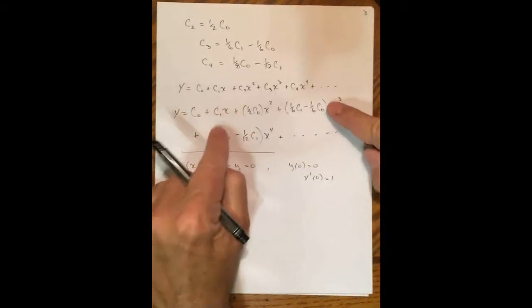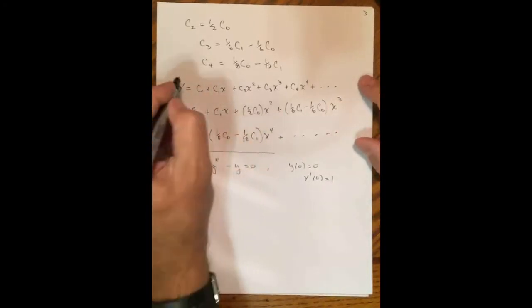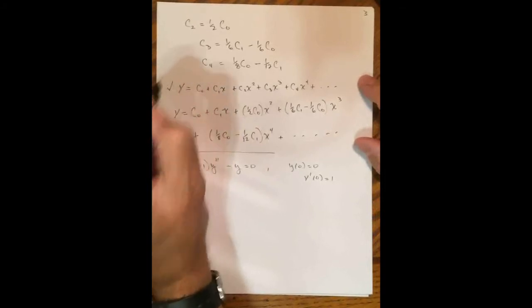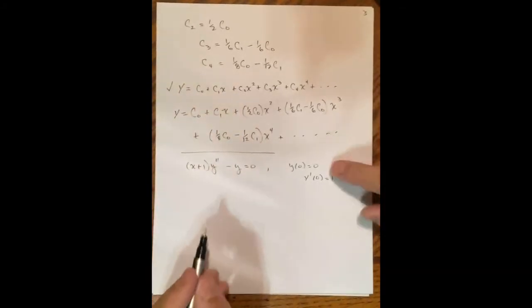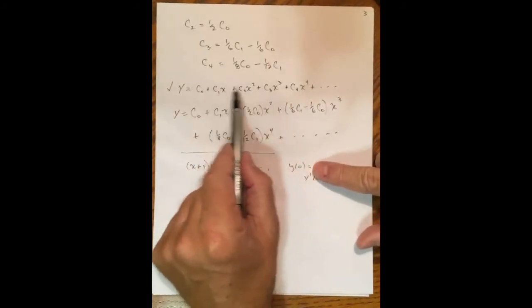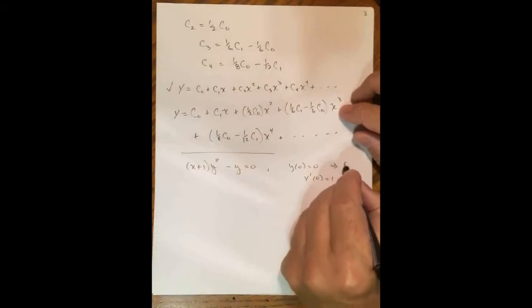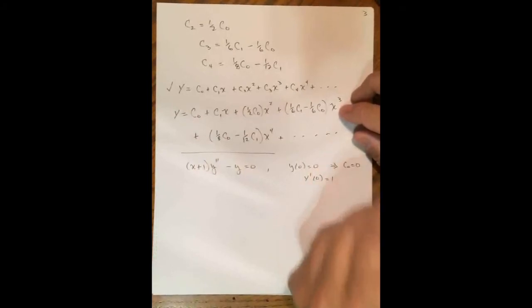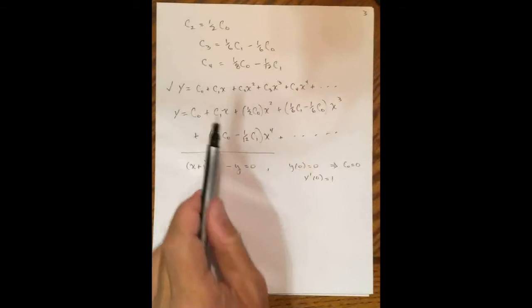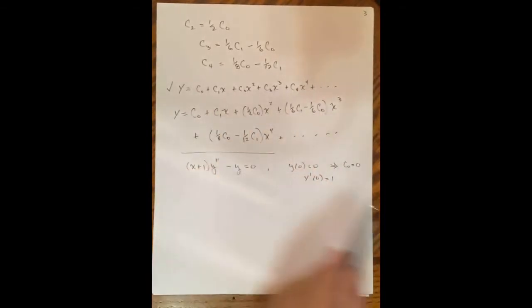That means we're going to get numbers here. Well, let's see what happens. If I come up to the original expression and plug 0 in for x, that's going to give me c sub 0 is 0, isn't it? So back up here in this answer, everywhere I have a c sub 0, I'm going to get a 0.